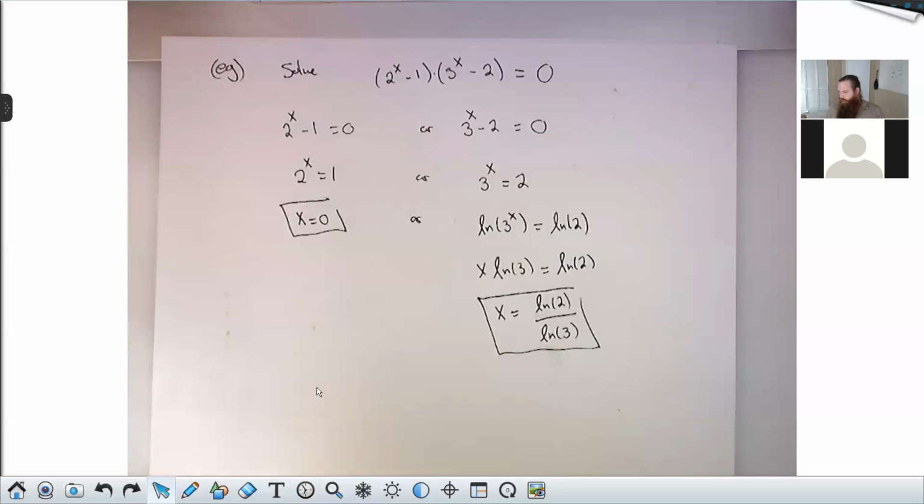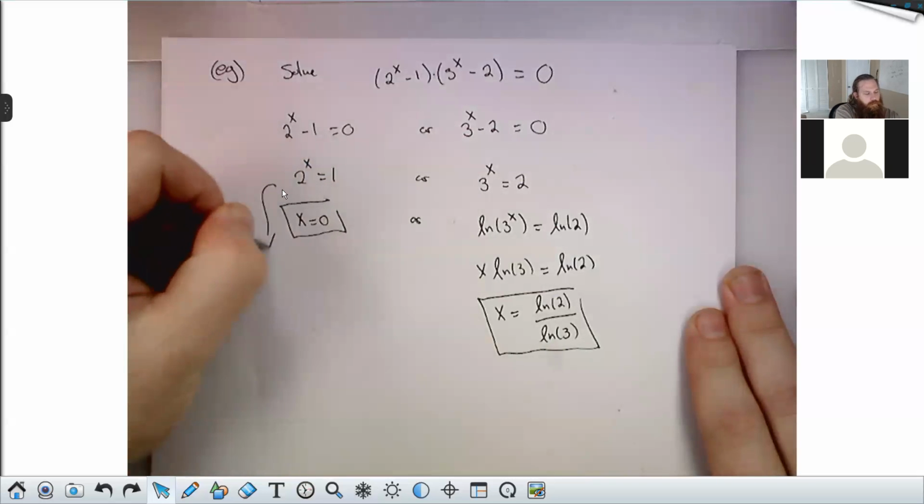Any questions on this last example? You could have. It's just that it was easy enough to spot the solution here.